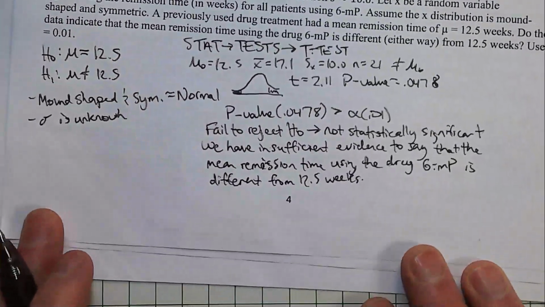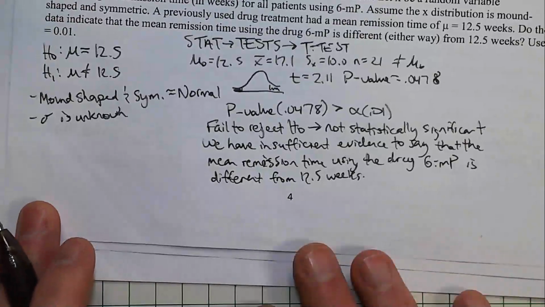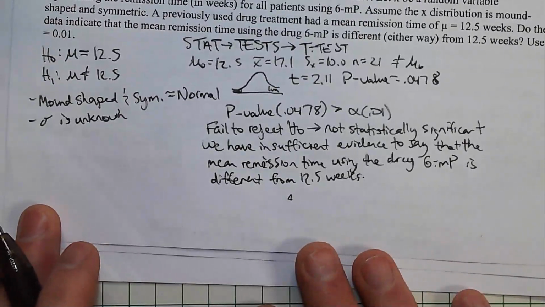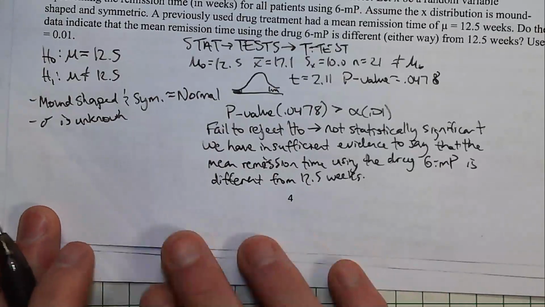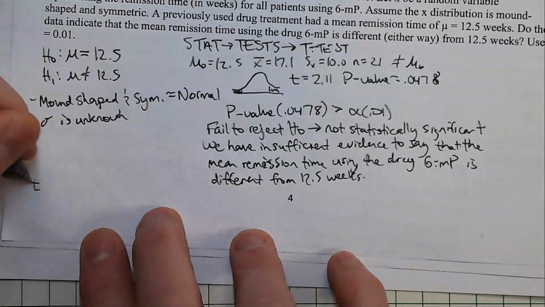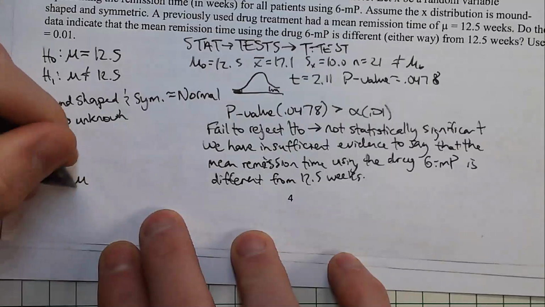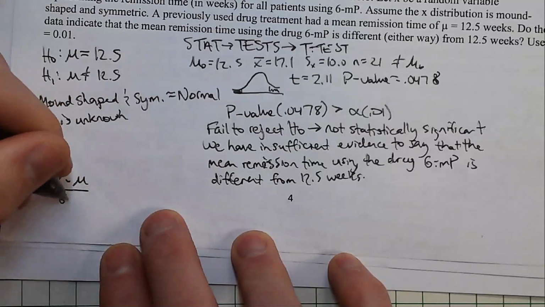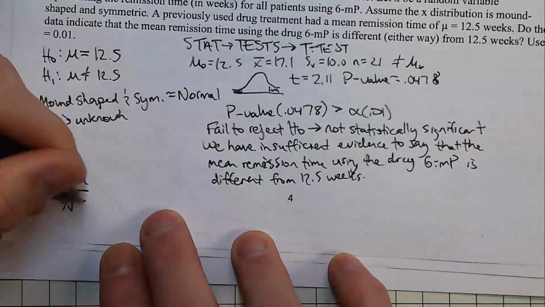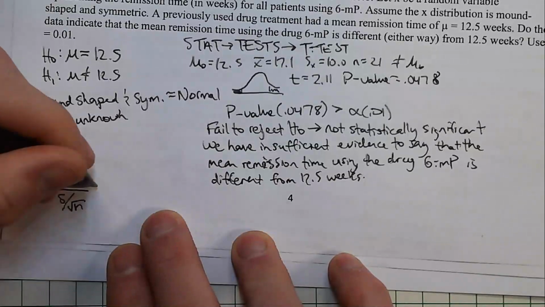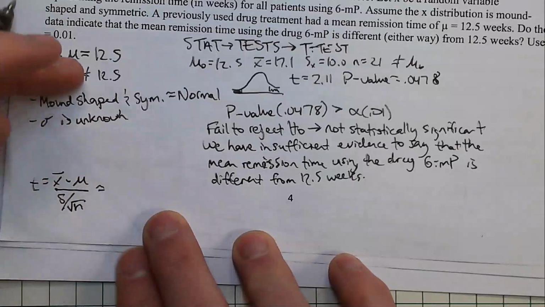I'll do it by hand again if you want. So how you do this by hand: this time we're doing a t-statistic. It's equal to the sample mean minus the hypothesized mean over the sample standard deviation divided by the square root of n. This is how I get my t-statistic.